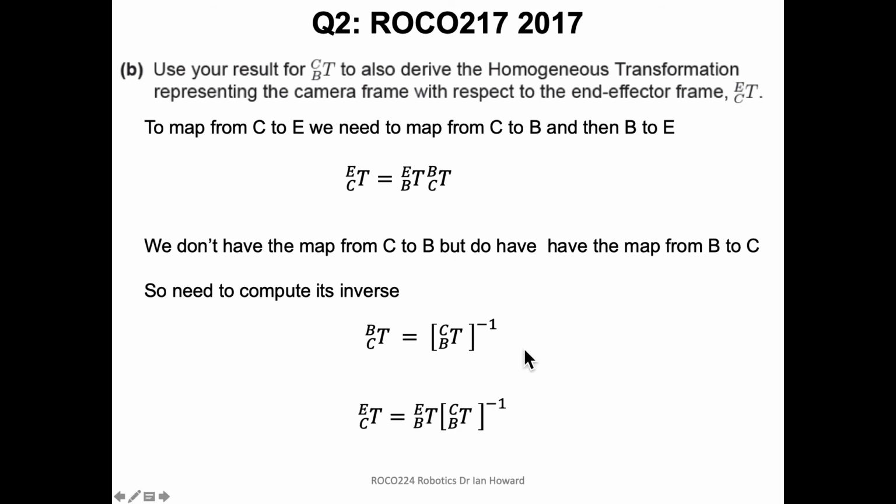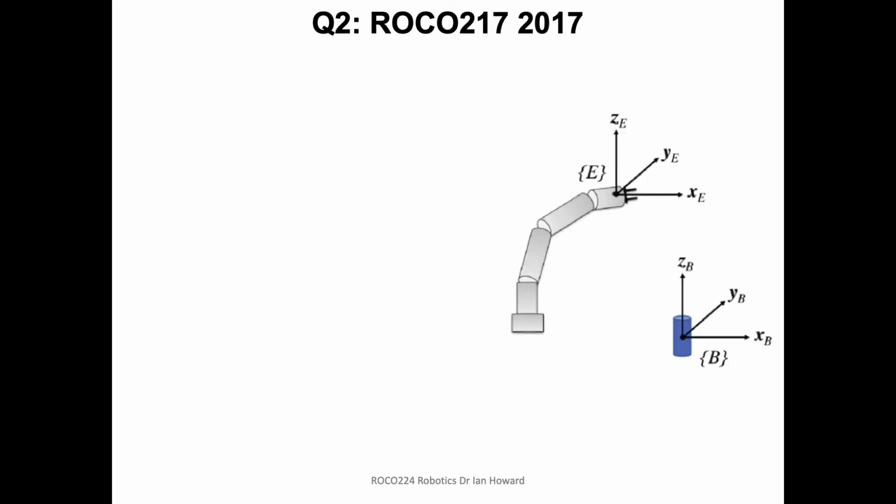So basically we can calculate this transformation of C to E, right, by multiplying the part from B to E with the inverse of the bit that we've got already from B to C. So now let's concentrate on the first one here, this B to E transformation.